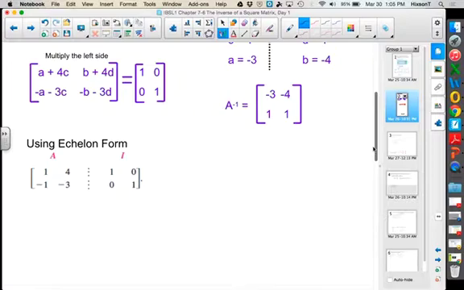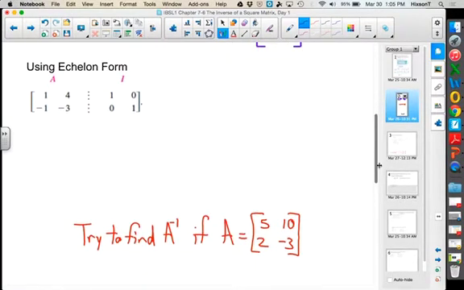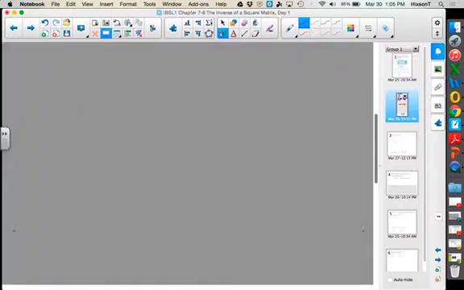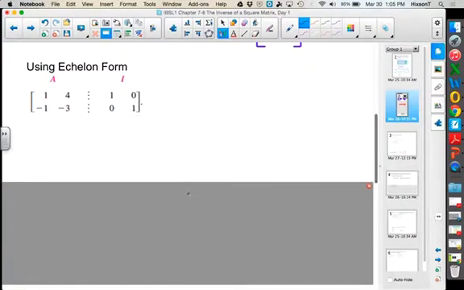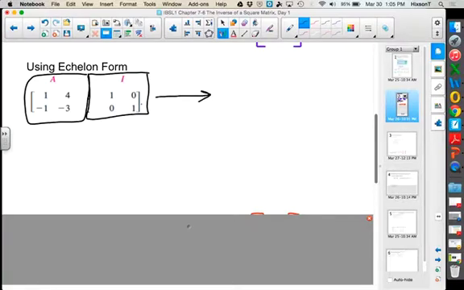Okay? So what we do is actually set up our matrix like this with the original matrix on the left-hand side, and our identity matrix on the right-hand side. Okay, and then our goal is to get to a matrix where the identity is actually on the left-hand side.